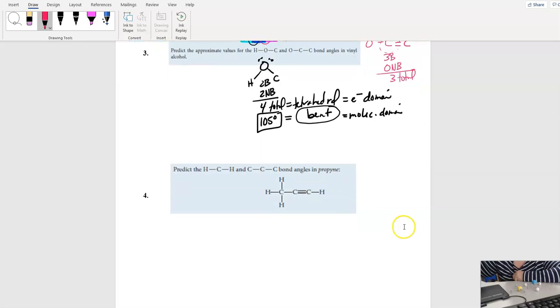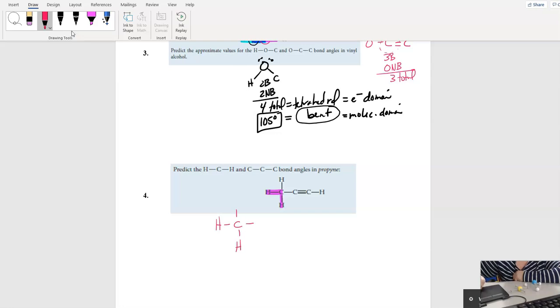Let's try another one right here. Predict the HCH. It doesn't matter which one you pick, this one or that one or this one. So I'm just going to pick the one that's right here, from here down to there. And I could have picked the one on top. So we'll do that one in one color. So H, C, and then you have these over there.